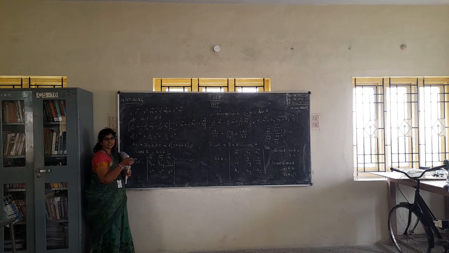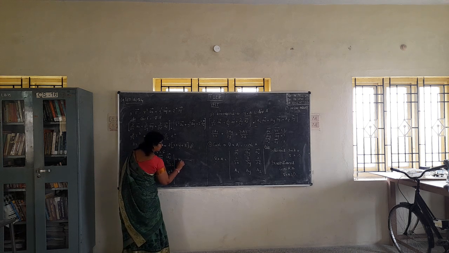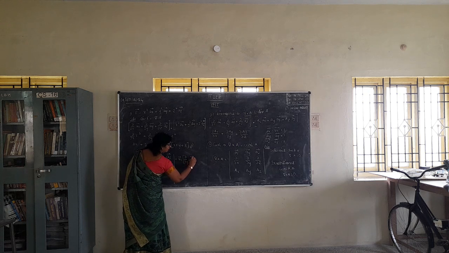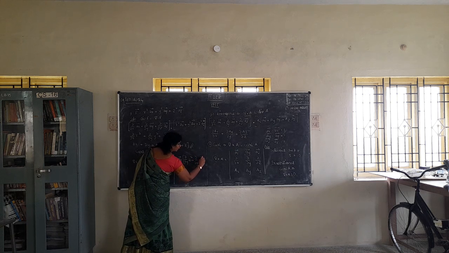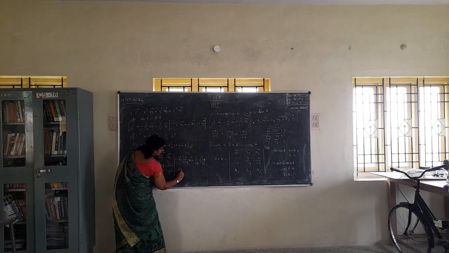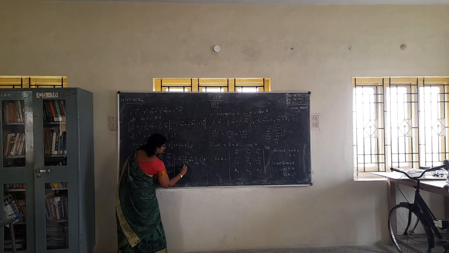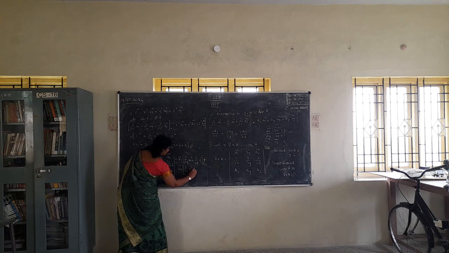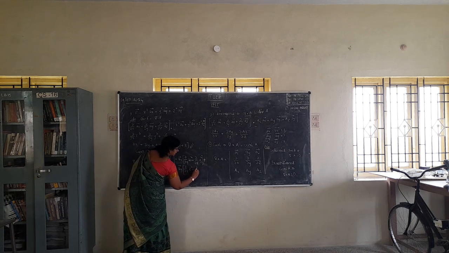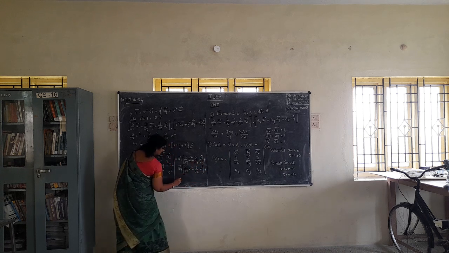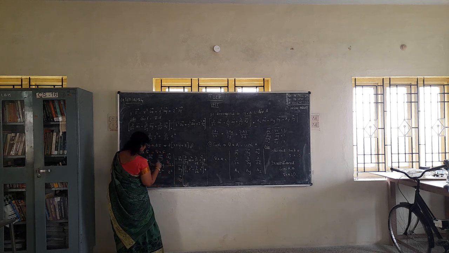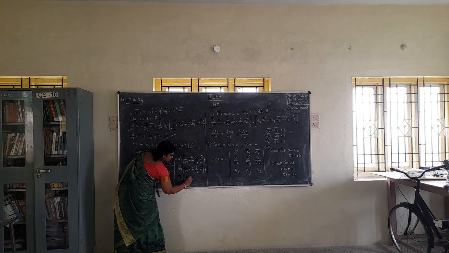So opposite axis, so value will be 0. Ax vector into dou by dou y z square minus dou by dou z y square, plus ay vector into dou by dou x z square minus dou by dou z x square, plus az vector into dou by dou x y square minus dou by dou y x square.